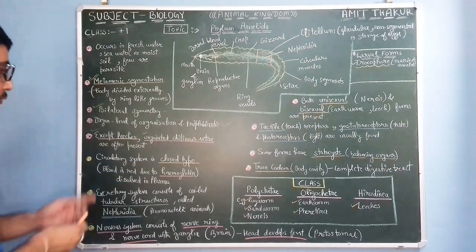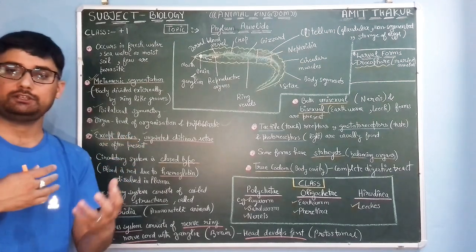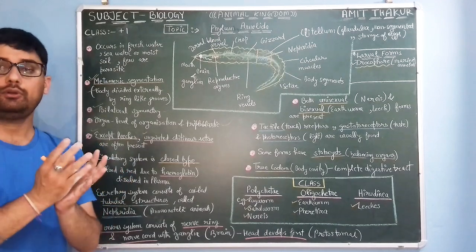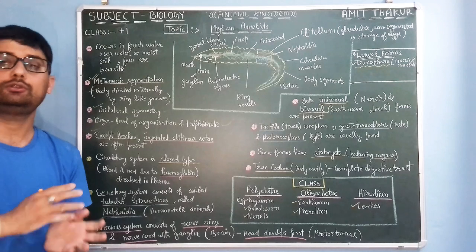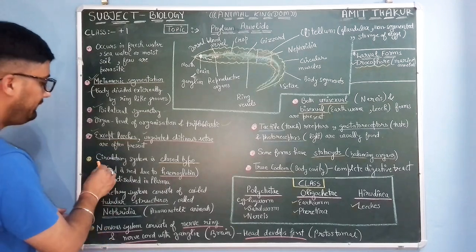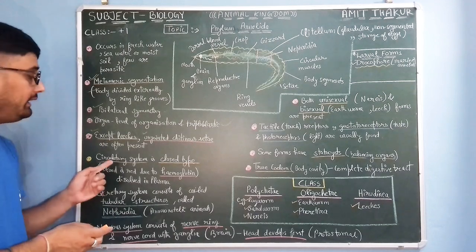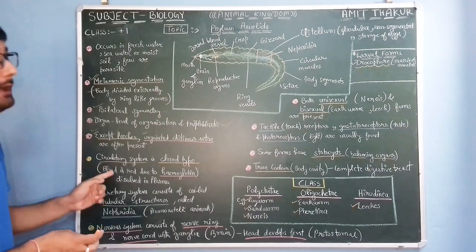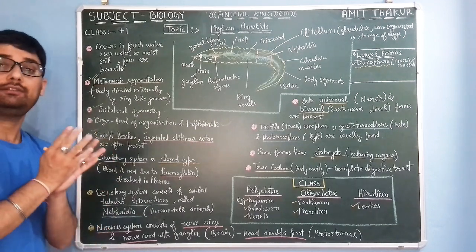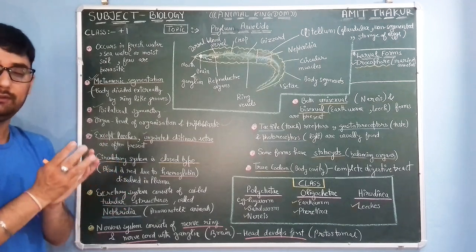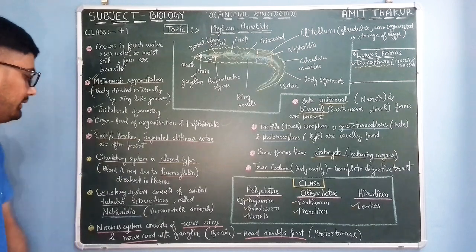Okay. Circulatory system means the circulation of blood, along with the transport of various beneficial substances throughout the body. The circulatory system is closed type. That means annelids have a specialized blood vessel system for the transportation of blood along with various beneficial substances.